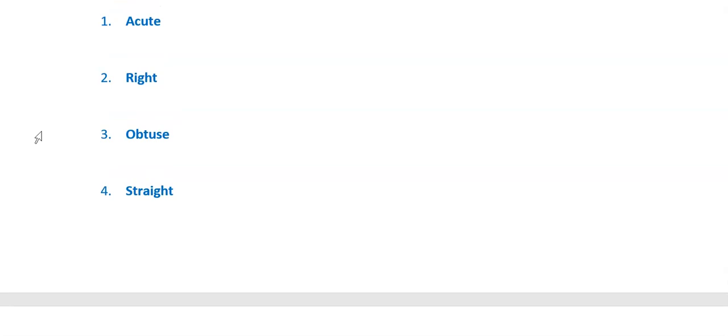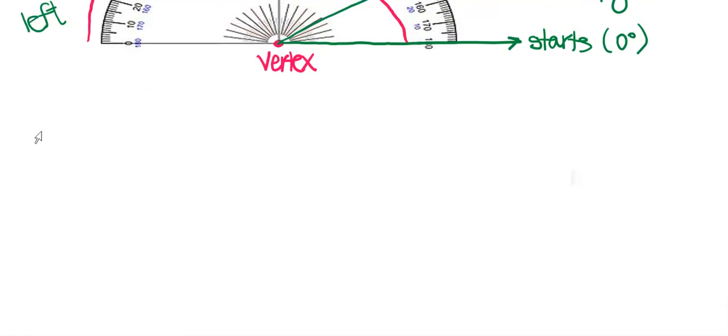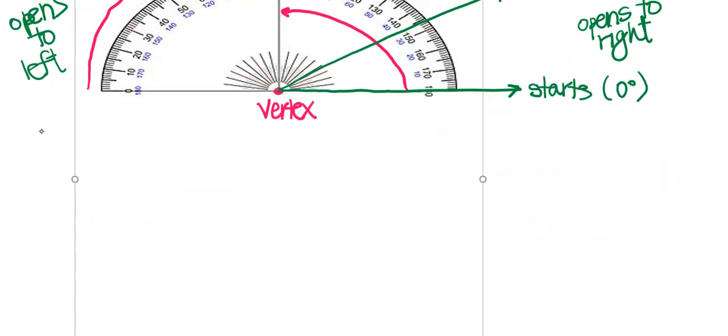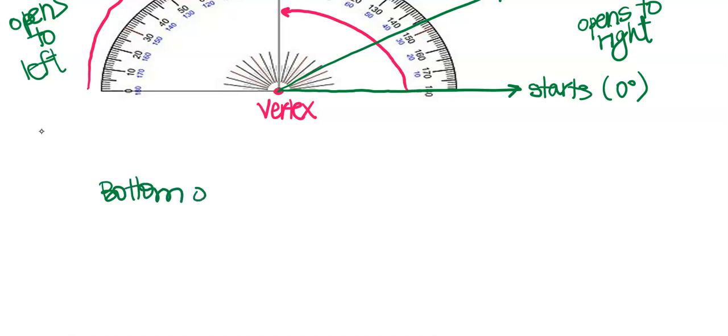Let's see if I forgot anything there. If you look in the book at their protractor, at the bottom of page 28, one thing that I do a little bit differently than the book does: if they actually have a protractor drawn on there for you, you have to do kind of what the book does.